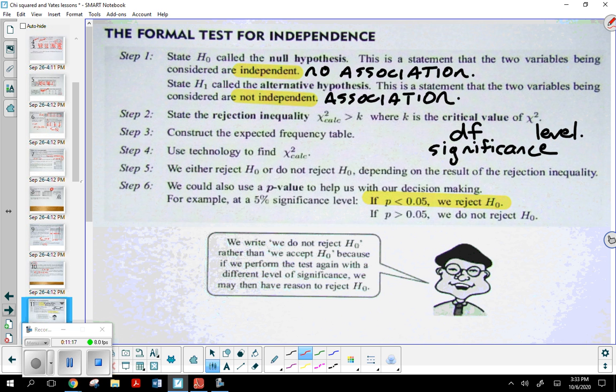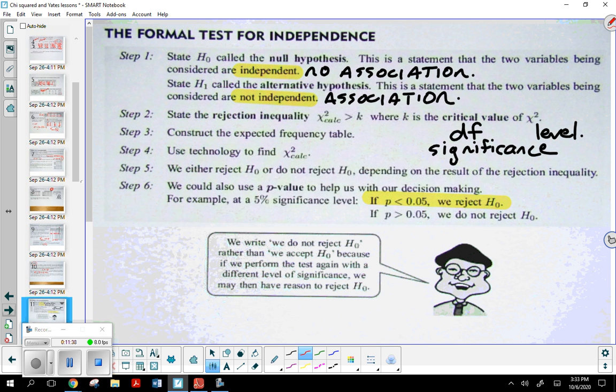We either reject the null hypothesis or do not reject the null hypothesis, depending on the result of the rejection inequality. Now here's something really important. This guy's helping us out here. It says we write we do not reject rather than we accept H naught, because if we perform the test again with a different level, we could end up with a different result.